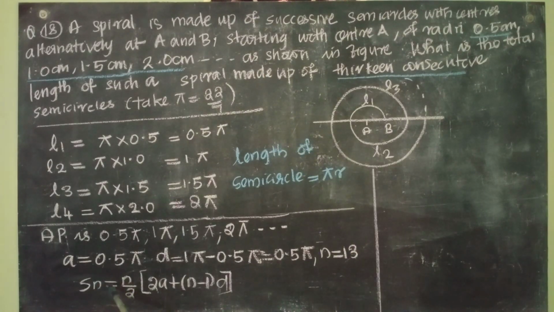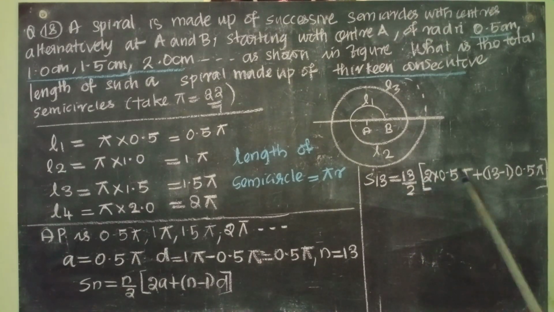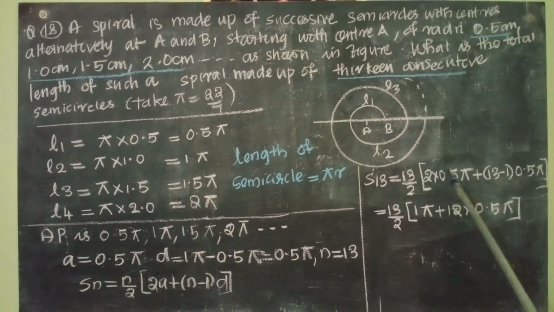We have Sn equal to n by 2 into 2a plus n minus 1 into d. We can substitute the values of a, d and n. So we get S13 equal to 13 by 2 into 2 into 0.5 pi plus 13 minus 1 into 0.5 pi. 2 into 0.5 pi is 1 pi. 13 minus 1 is 12.